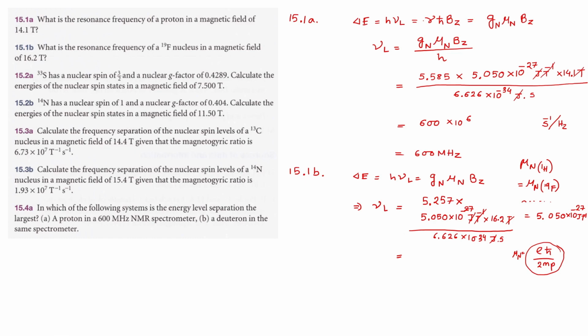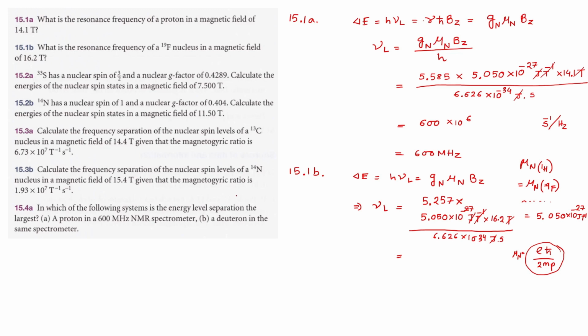I'm just calculating it here. All the things will remain the same, just 5.257 into 5.050 into 10 to the power minus 27 into 16.2 divided by 6.626 into 10 to the power minus 34, divided by 10 to the power 6.